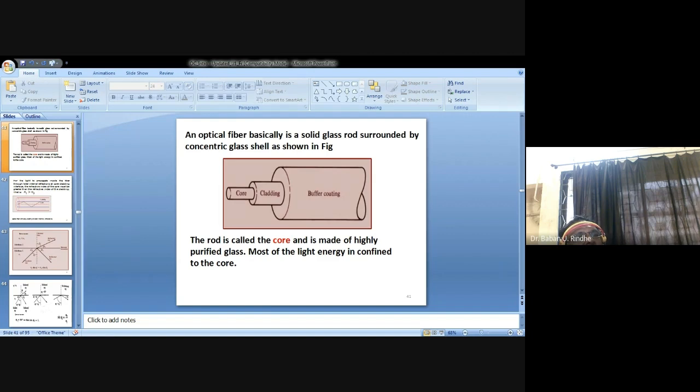Above that is the cladding, which we can also make with SiO2 or plastic. Above that is the buffer coating to protect the core and cladding. We have to do this because the core and cladding are made of silica SiO2, which has less strength, and therefore the buffer coating is important to give strength to the fiber.